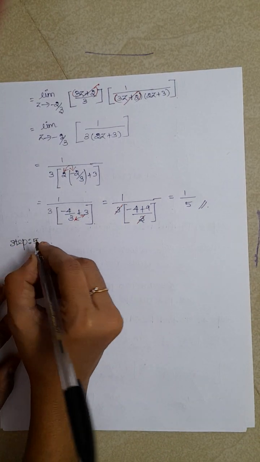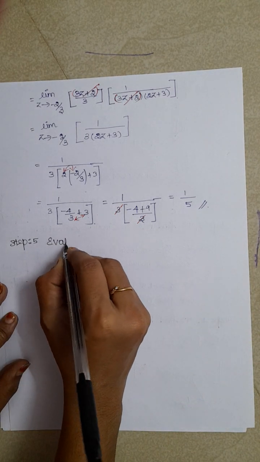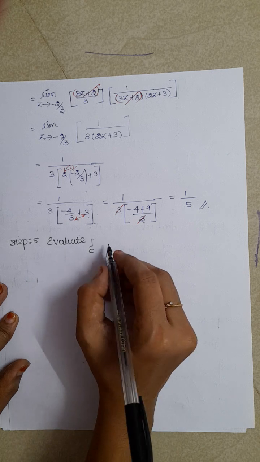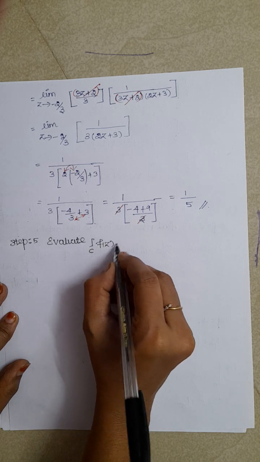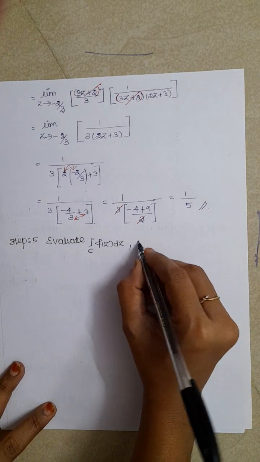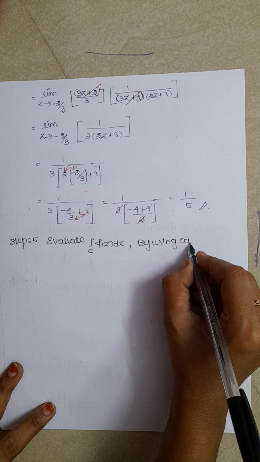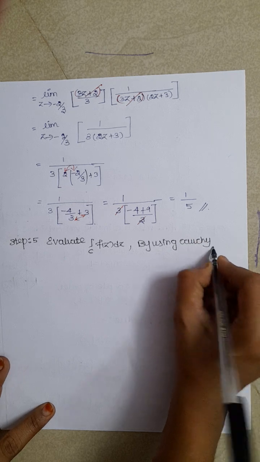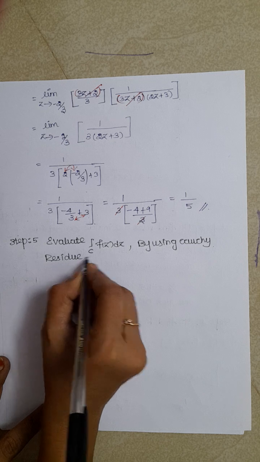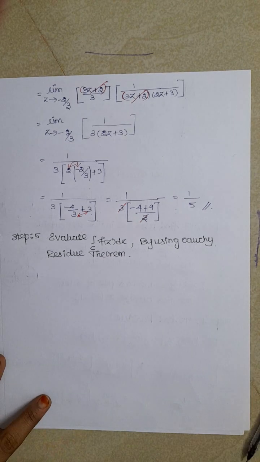Step number 5: evaluate the integral over C of f(z) dz by using the Cauchy residue theorem. Okay.